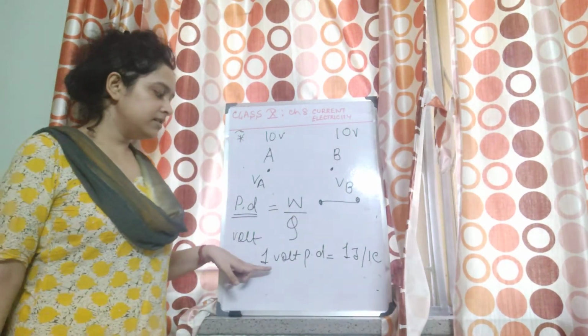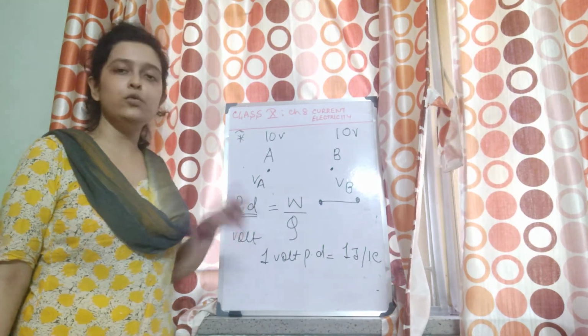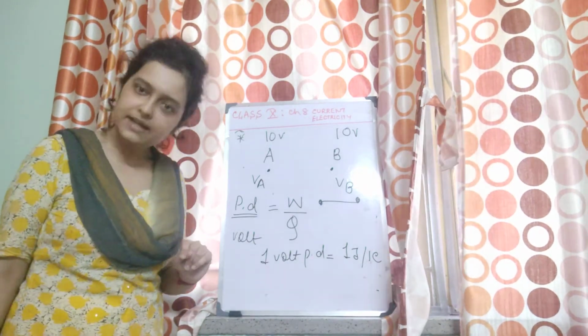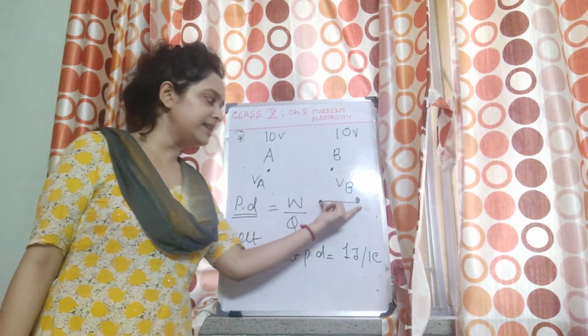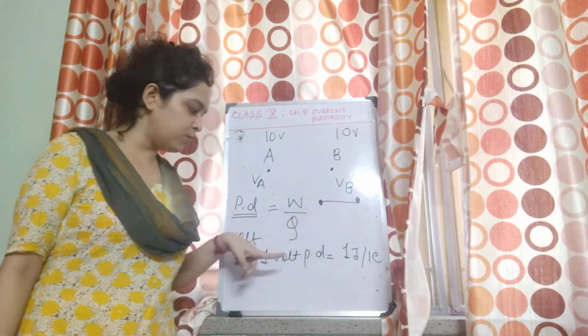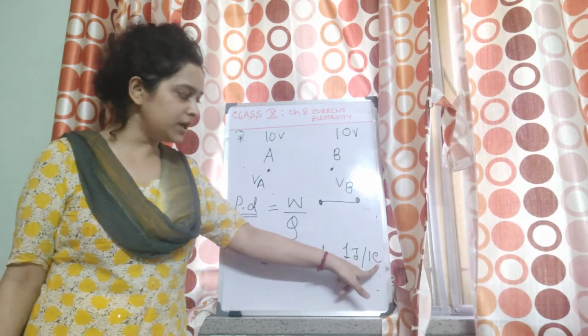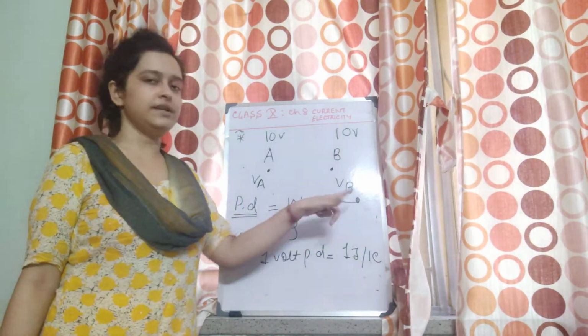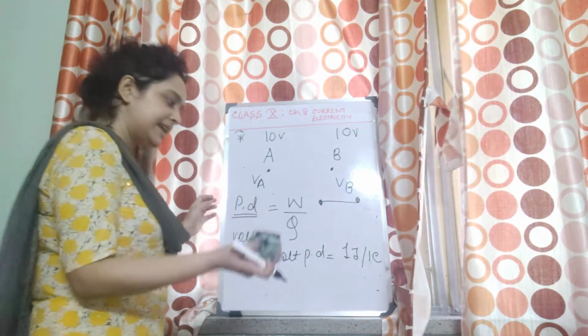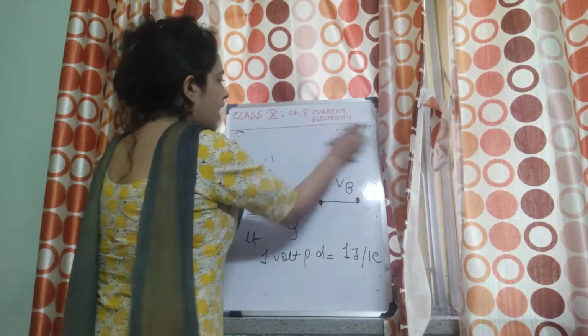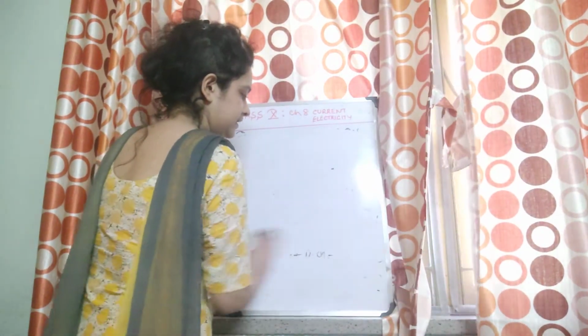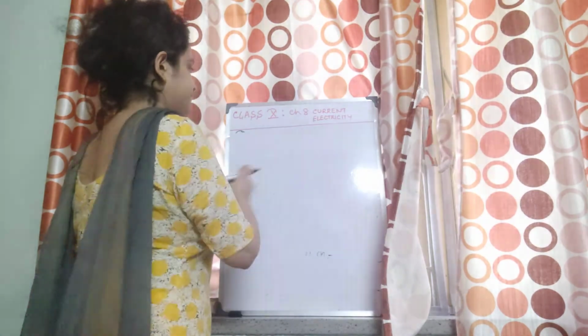Then the potential difference is said to be 1 volt. Okay? So potential difference between two ends of a conductor is said to be 1 volt if 1 joule of work is done in bringing 1 coulomb charge from one end to another end. Simple. Scalar quantity.